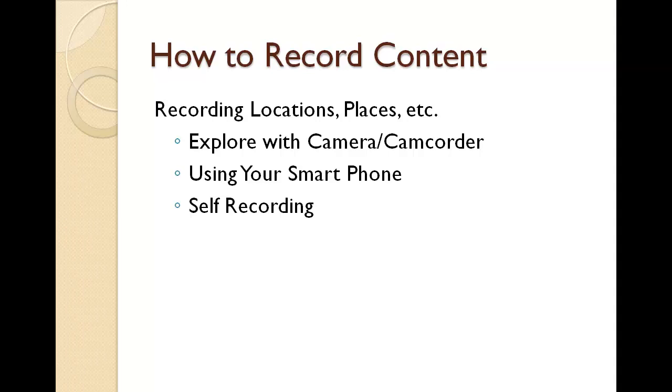In that scenario, you will first need a camera or camcorder. A high resolution DSLR camera is something which professional people use for recording. If you have that budget available, you can definitely go for it.